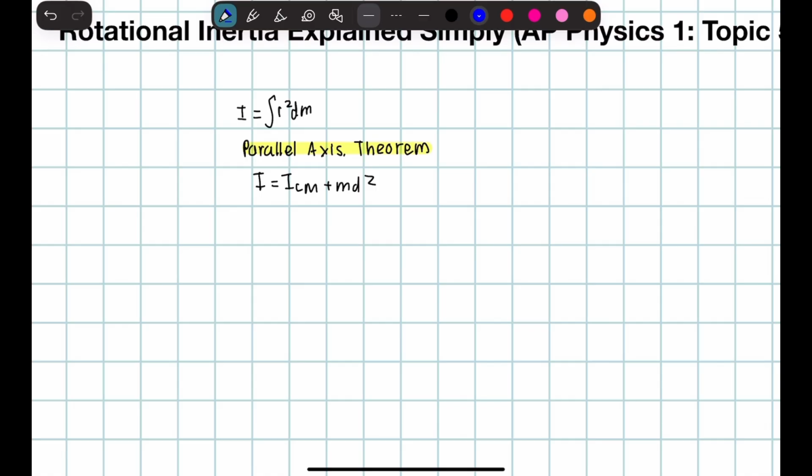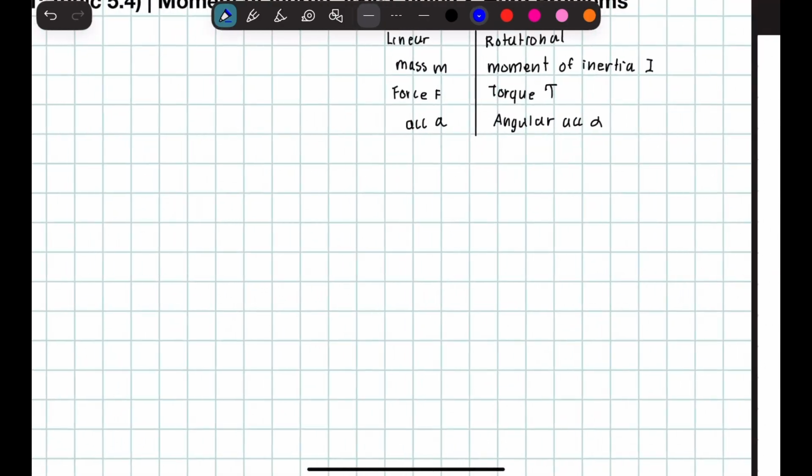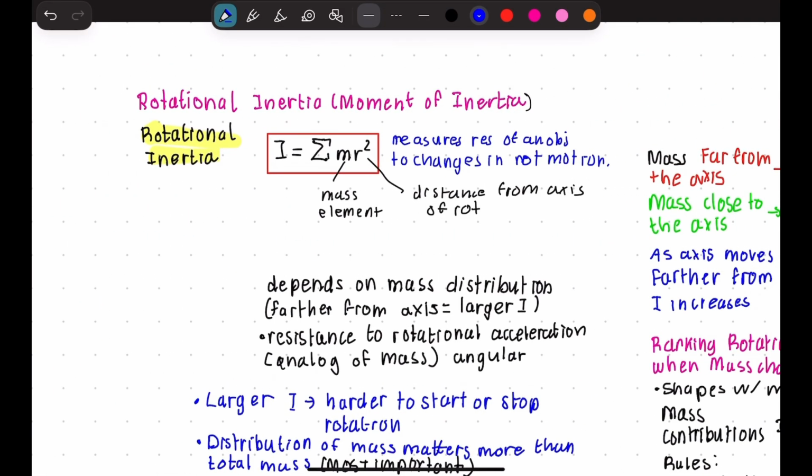An idea that you have to understand is that rotational inertia depends both on mass and how the mass is distributed. That's important.